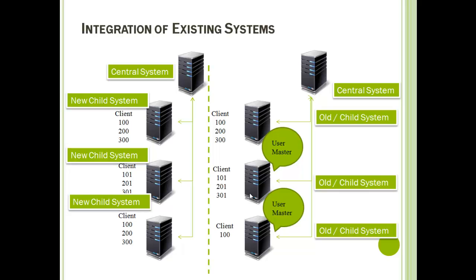This process is what we call migration. Users are identified in the child system, copied to the central system, and adjusted accordingly. The roles which are already developed and assigned in the old system should also be identified, copied to the central system, and assigned in the central system. Only then will this be effective for the users after we migrate them.